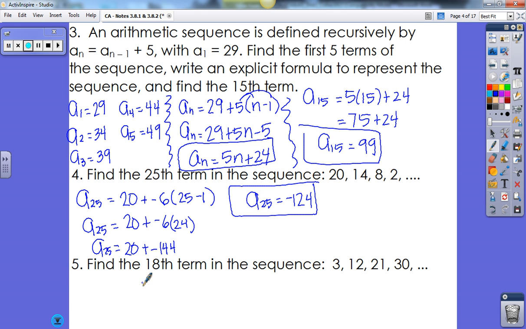To find the 18th term in the sequence, I'm going to do the same steps I did up here, this time plugging in 18. My first term is 3. My common difference, if you see, I'm adding 9 every time. And then 18 is my n value, my term number that I'm looking for.